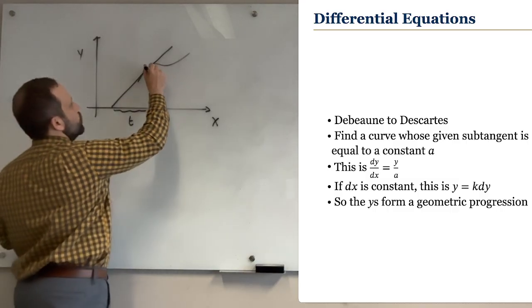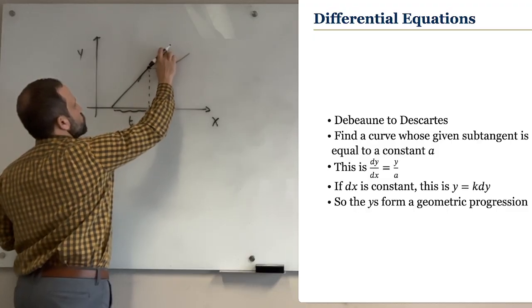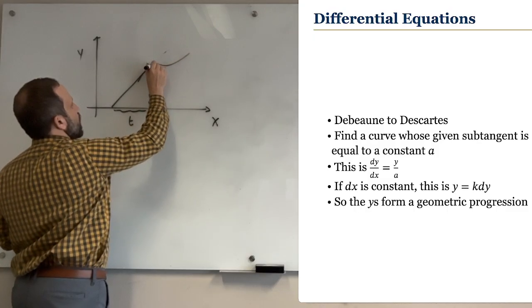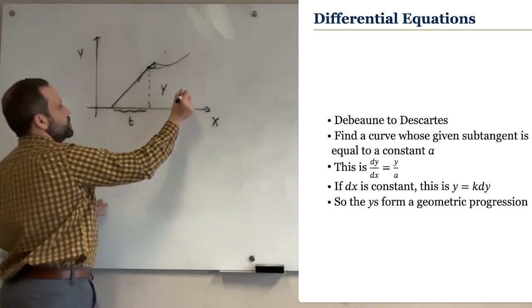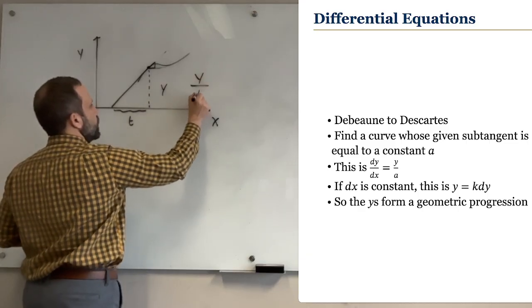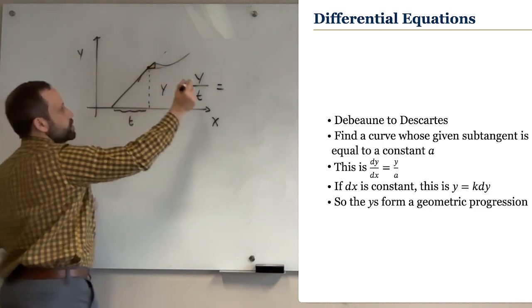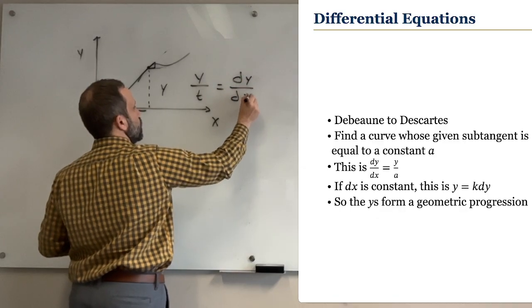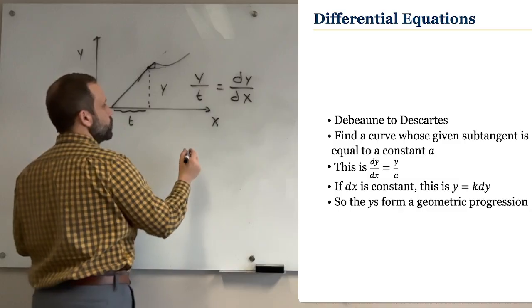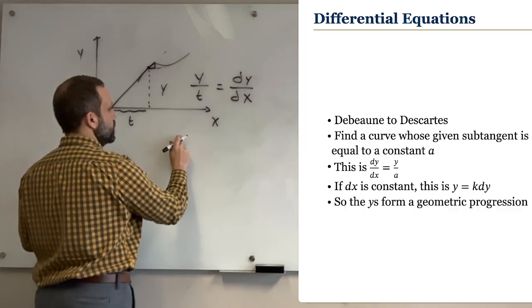And then again, if we look at the differential triangle, sort of zoom in here, we get something like that. Well, we know if this is y and this is t, we have y over t, and by similar triangles, this is equal to that over that, which is exactly dy over dx.